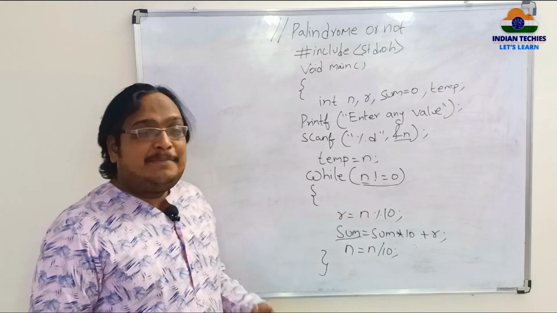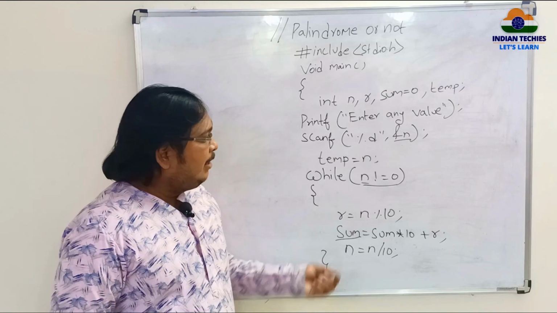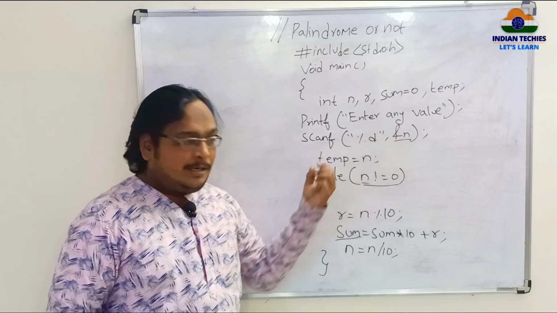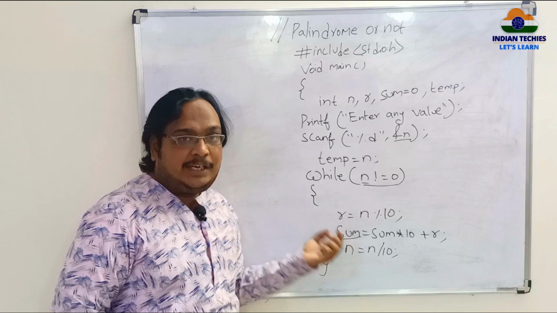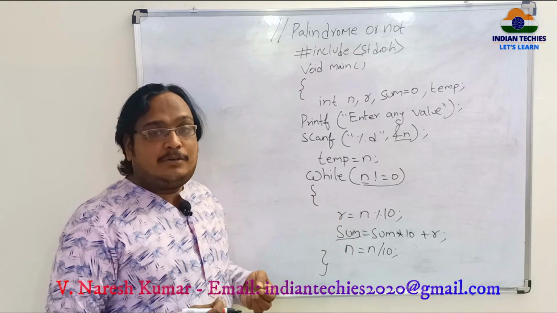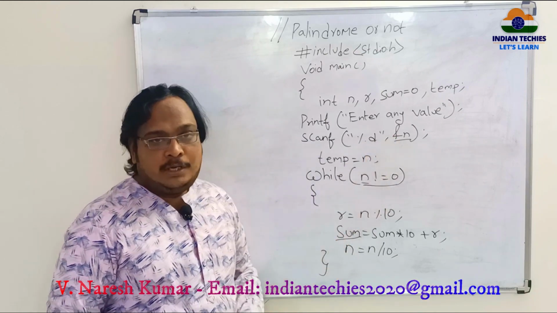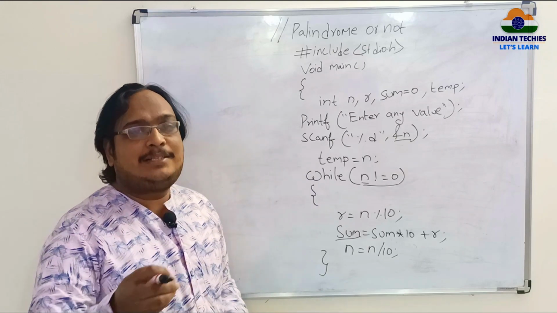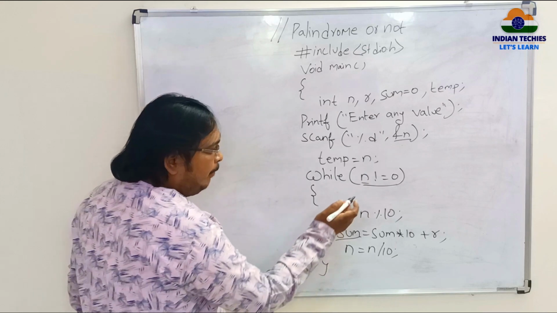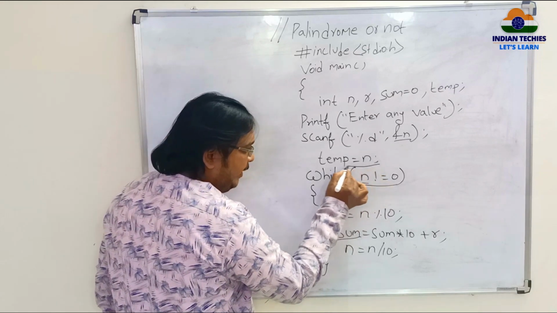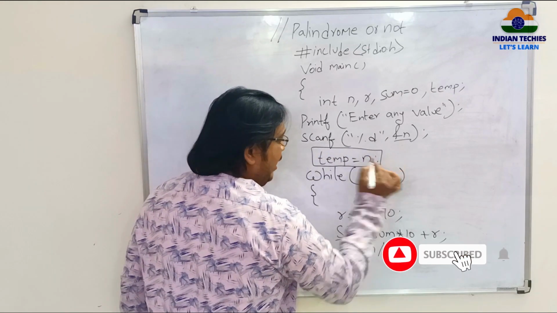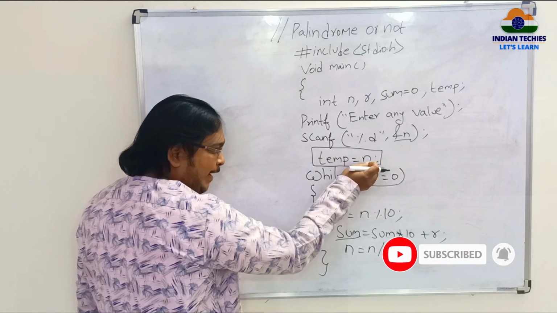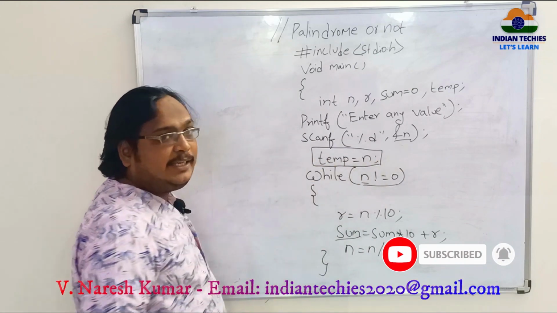So, with what number do I have to compare then? Because whatever the number I have entered and whatever the calculation I have done, I should compare both. If I want to compare, this n has become 0. So, my given number is not available. That's why, to get this comparison done, before performing operations on n, I am storing this given input in another variable called temp.